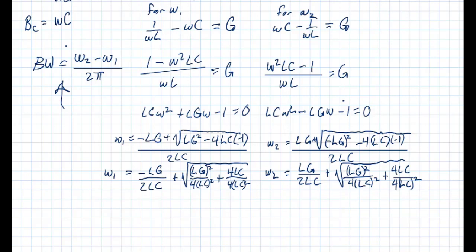So when we subtract omega 2 minus omega 1, these terms cancel, they subtract from each other, and we end up with 2LG. So omega 2 minus omega 1 is 2LG over 2LC, or simply G over C.